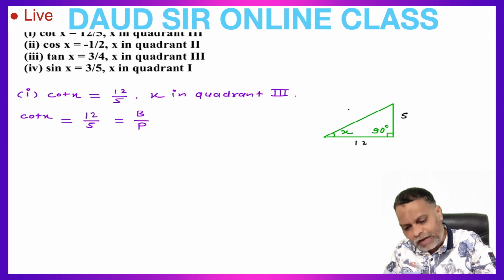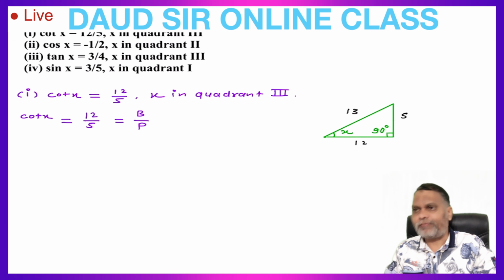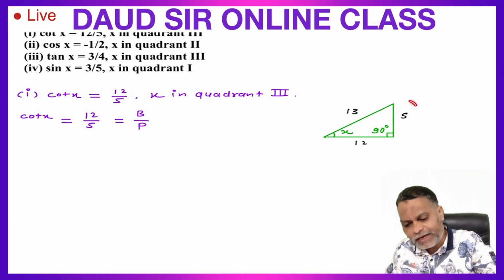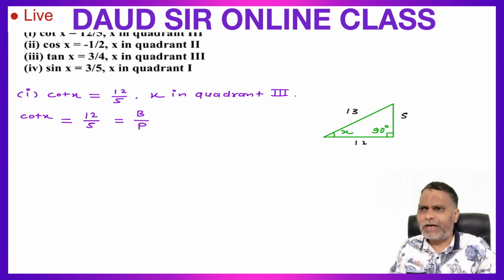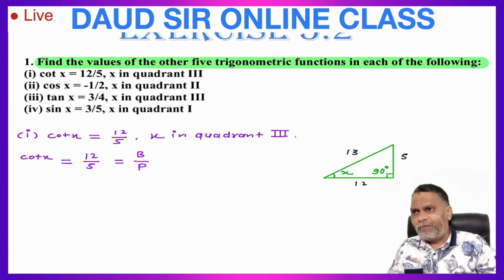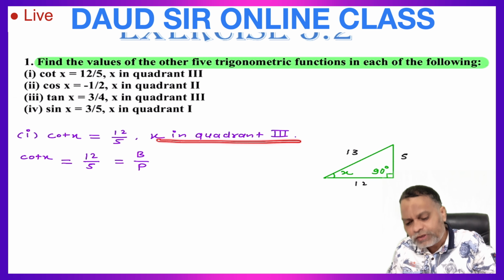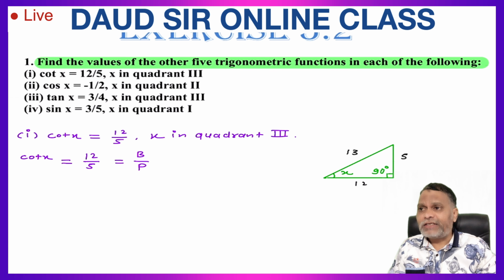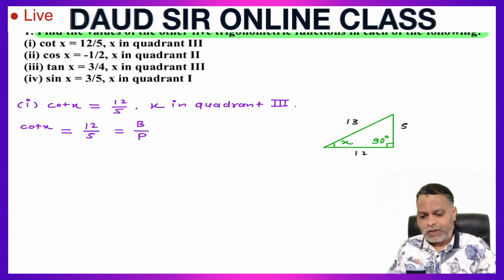So this hypotenuse side we can write 13. Now we have all three sides of the right angle triangle, so we can write the value of any trigonometrical ratio. And when we talk about the plus sign or minus sign, we have to use that x lies in the third quadrant. Which trigonometrical ratios are positive and which are negative in the third quadrant, this we have to follow here.